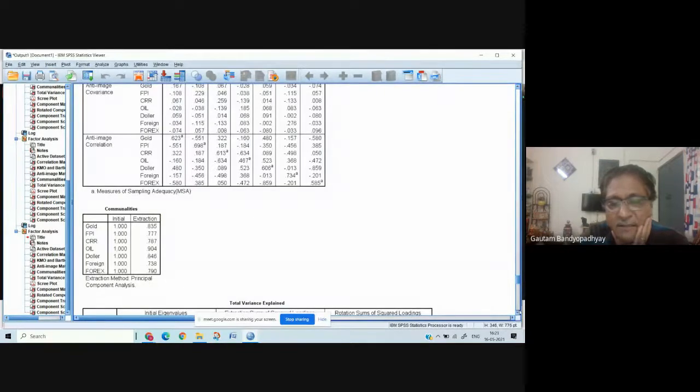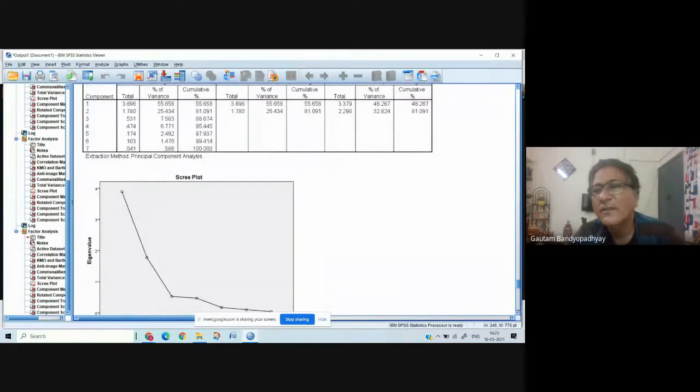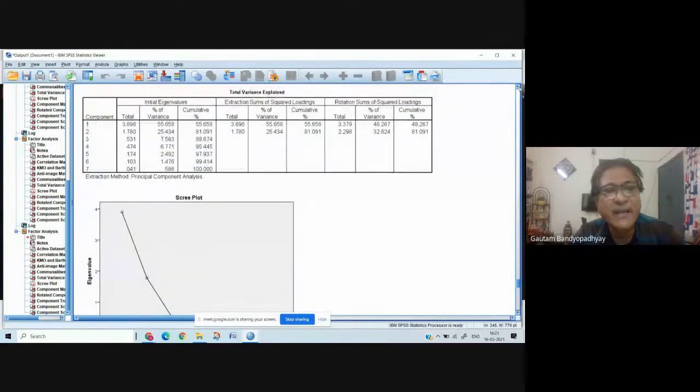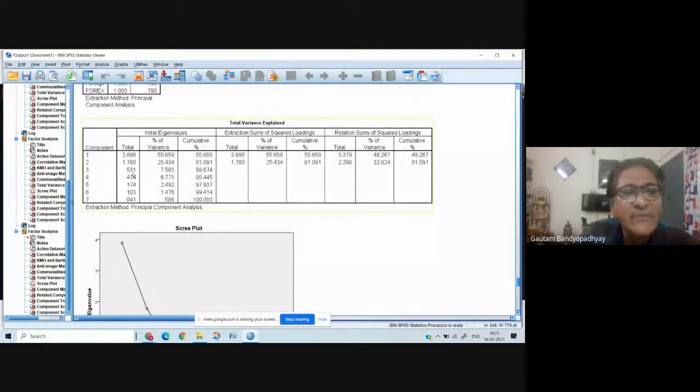Now come to the eigenvalue part. Since there are 7 variables, we get 7 eigenvalues, and these eigenvalues are in decreasing order, because the first eigenvalue is more than the second, the second is more than the third, and so on. Since 2 eigenvalues are more than 1, we consider 2 factors, 2 groups. The sum of the eigenvalues is 7.